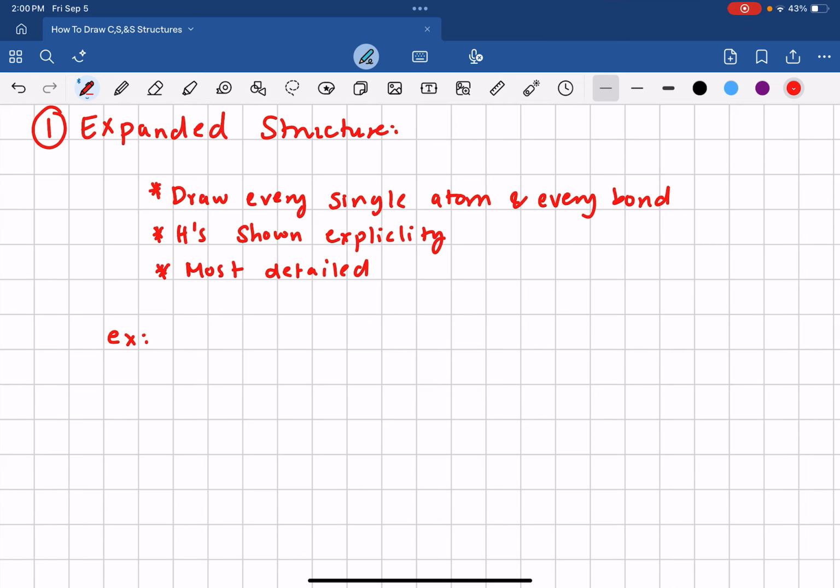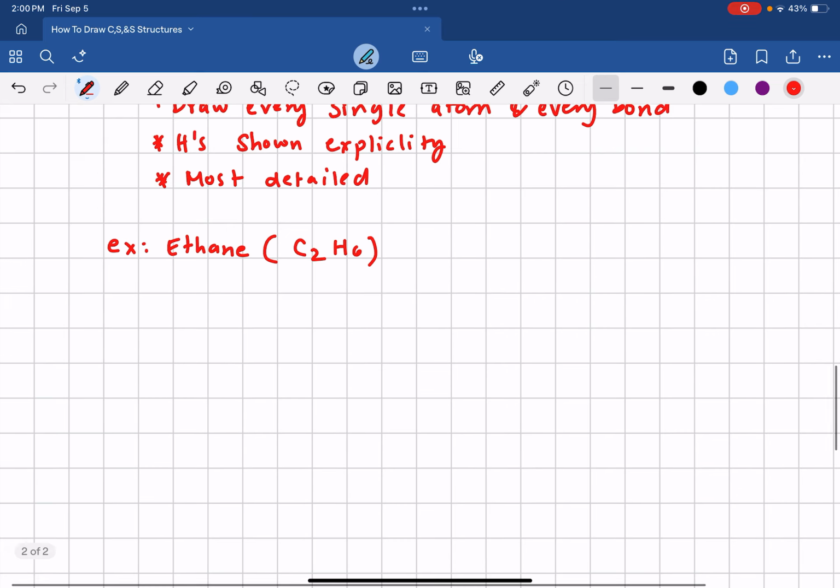Let's say I have the structure of ethane, which is C2H6. Let's go ahead and make an expanded structure. I have 2 carbons. Attached are 6 hydrogens. This carbon requires 4 bonds to make a complete octet.